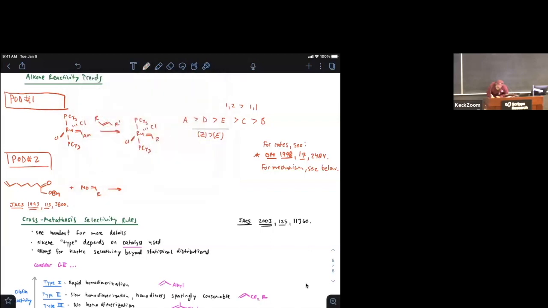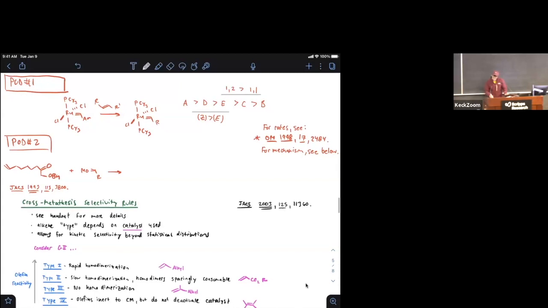And as it turns out, A, D, and E all react within an order of magnitude of each other, a factor of 2 or 3, I think. And then C is substantially slower, like 2 orders of magnitude slower, something like that. And then B essentially doesn't react under the reaction conditions in which this experiment was done.